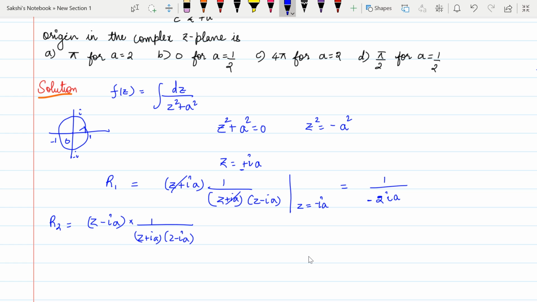I can write this denominator as z plus ia and z minus ia. So that is what I have done over here. So at z is equal to ia, you get 1 by 2ia.